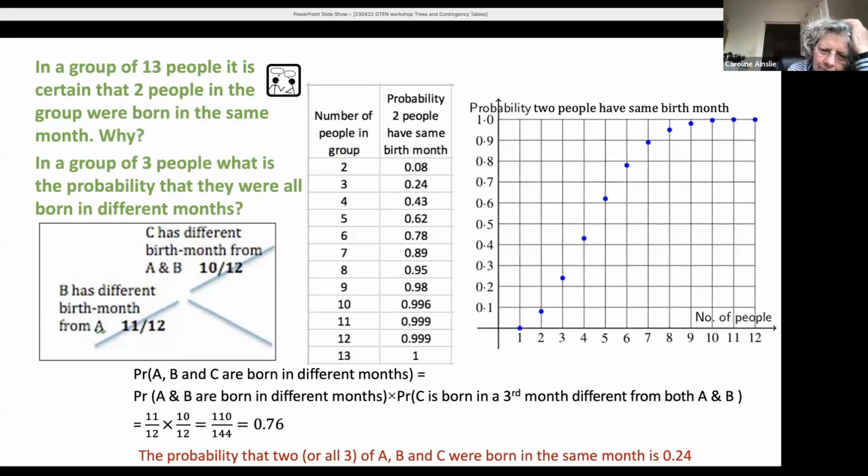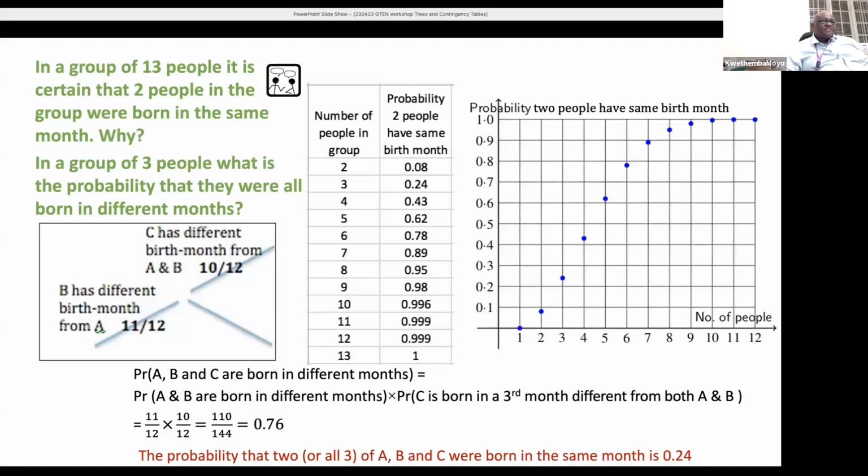Yes, I agree. And in the same way, we've just repeated the same calculation, and repeated it on a spreadsheet, because all we're doing is multiplying by another fraction where the numerator is 1 less than it was the last time, keeping the denominators the same. The denominators are always 12.